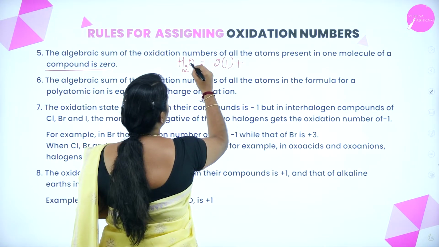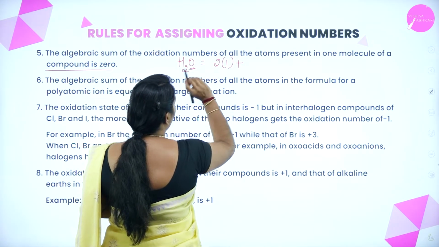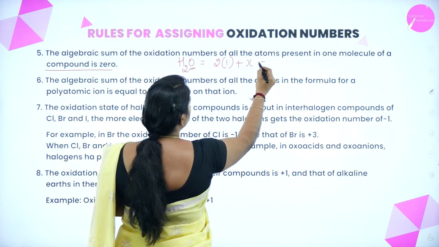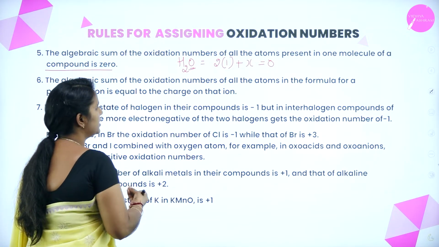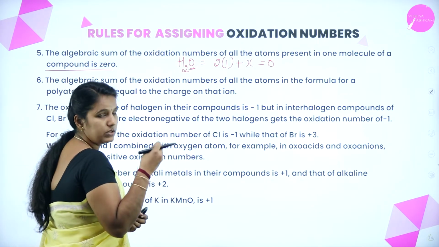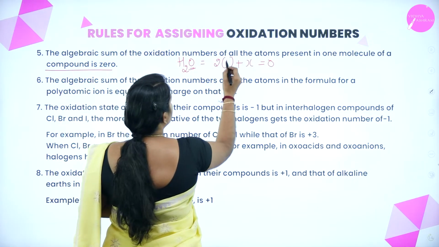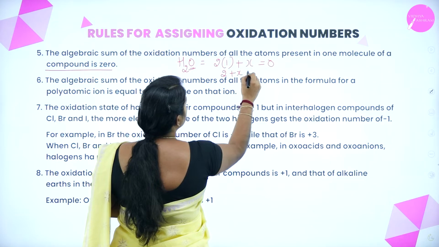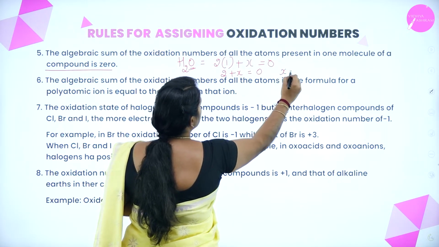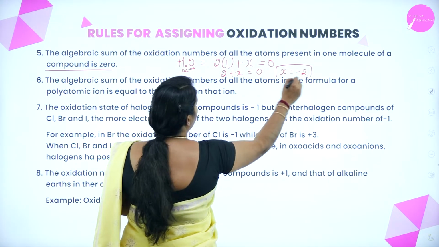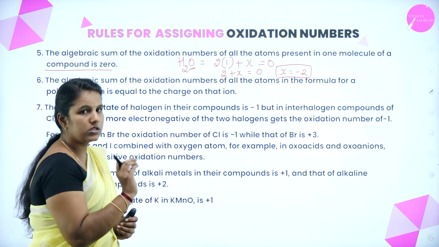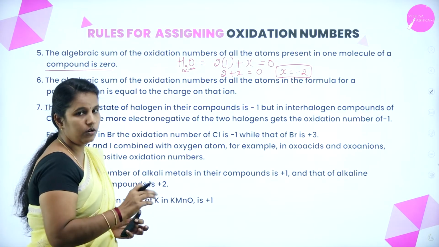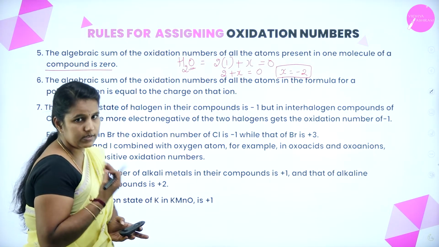Plus, we don't know the oxidation number of oxygen, so I'll consider it as x, and it will be equal to 0. Why? Because the algebraic sum of the oxidation numbers of all the atoms present in one molecule is 0. So 2 plus x is equal to 0, so x is equal to -2 if I want to calculate the oxidation number of oxygen. This is how we consider the oxidation number of a compound. The algebraic sum will be 0.